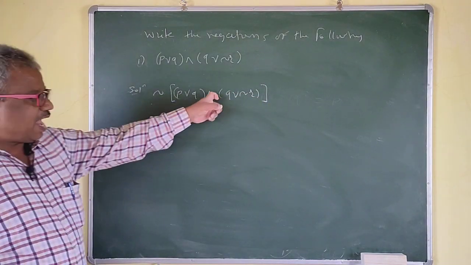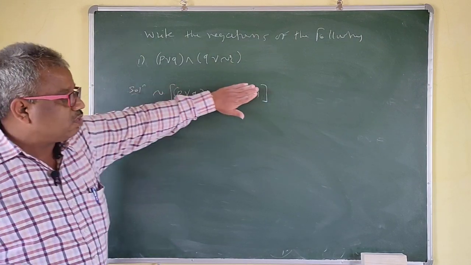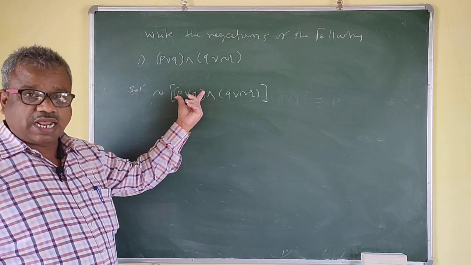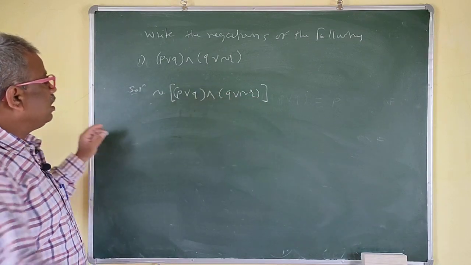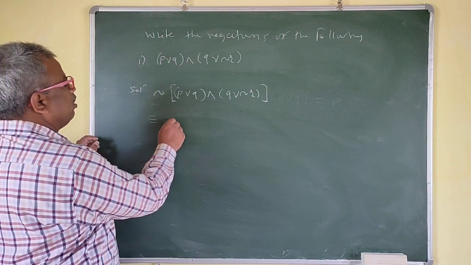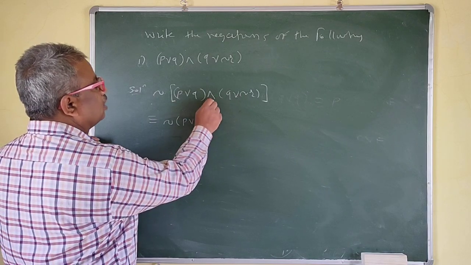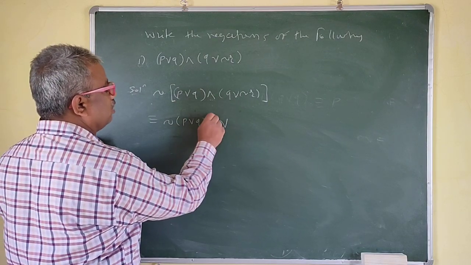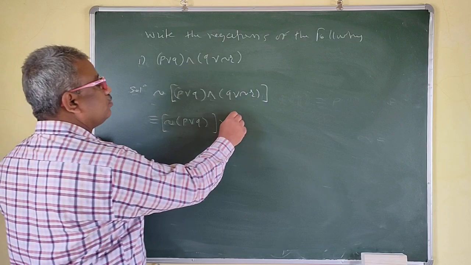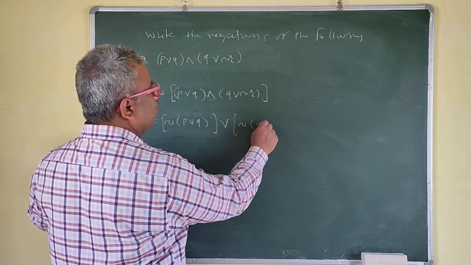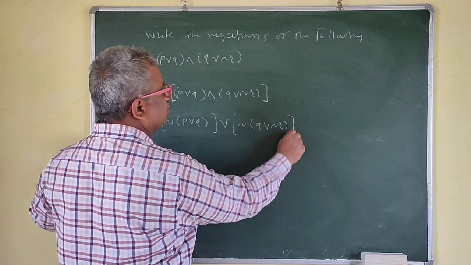This is and, first bracket is considered as P and second bracket as Q. Apply De Morgan's law. This is logically equivalent to negation of (P or Q), or, negation of (Q or negation R).